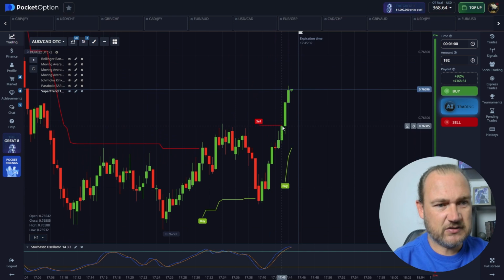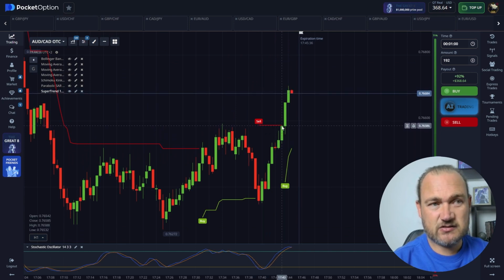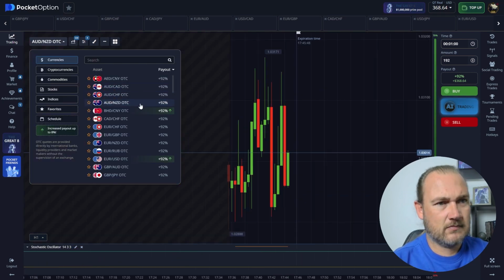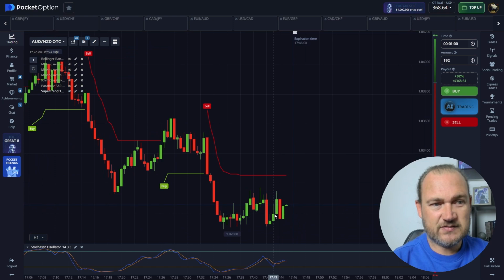This crossover happened while price was still below this bearish super trend line, so this would not be a trade that you would want to take. Here's another good example of why it is important to wait for the crossover to happen. By the close of this candle, this is what the stochastic looked like.